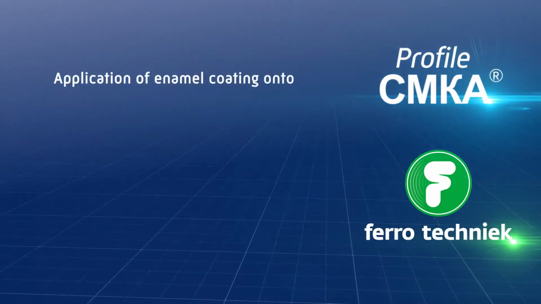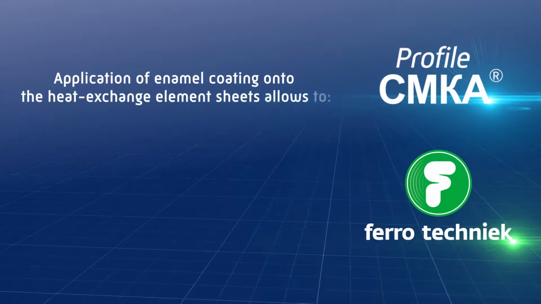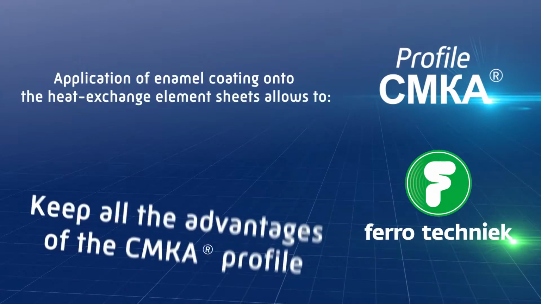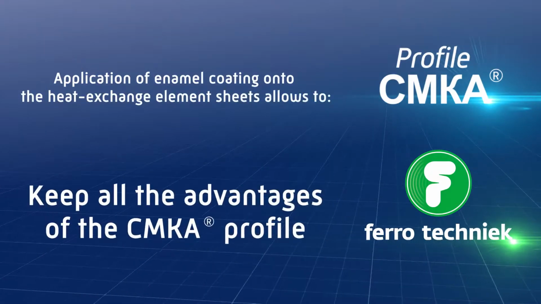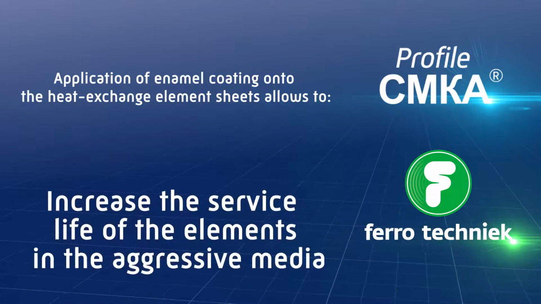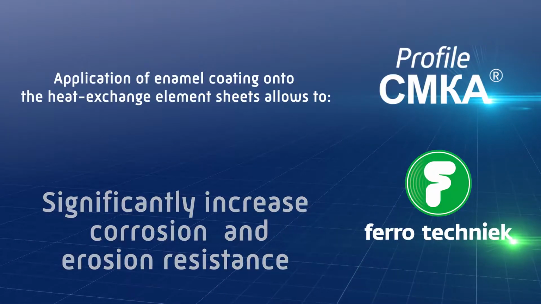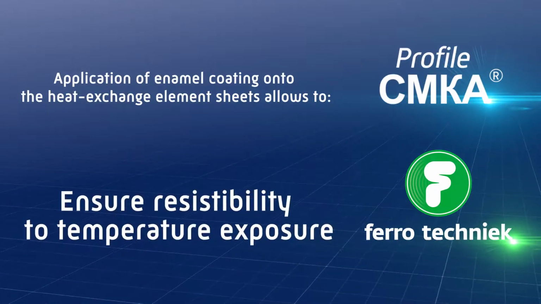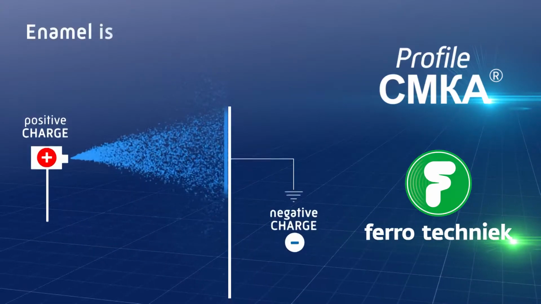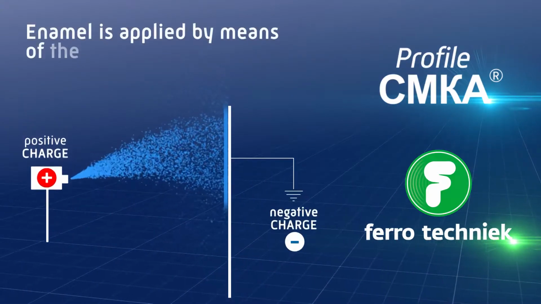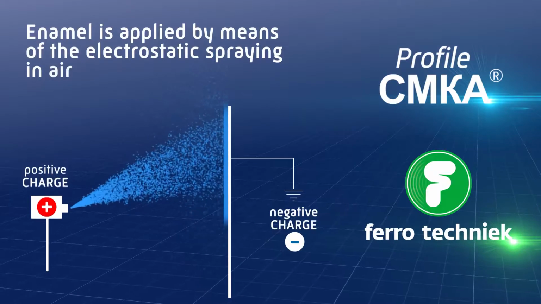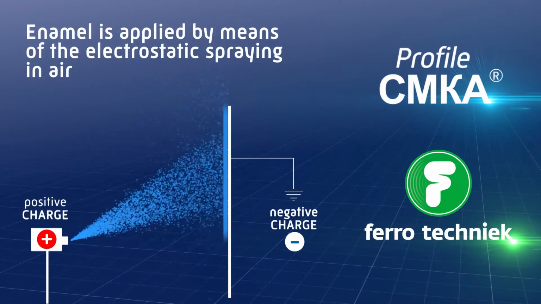Application of enamel coating onto the heat exchange element sheets allows to keep all the advantages of the SMK profile, increase the service life of the elements in the aggressive media, significantly increase corrosion and erosion resistance, ensure resistibility to temperature exposure. Enamel is applied by means of the electrostatic spraying in air and comprises the following stages.